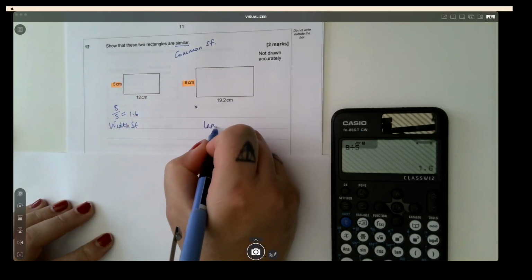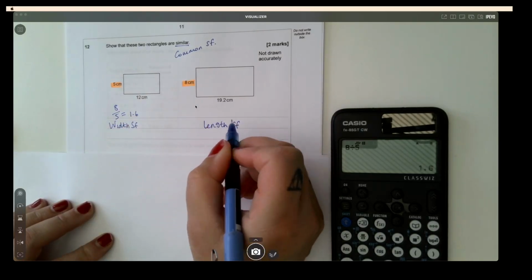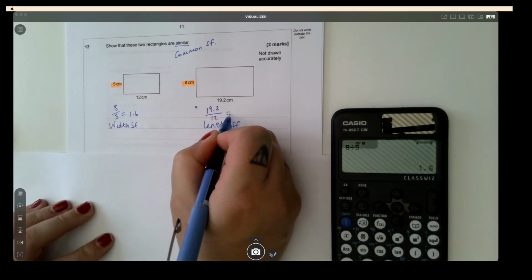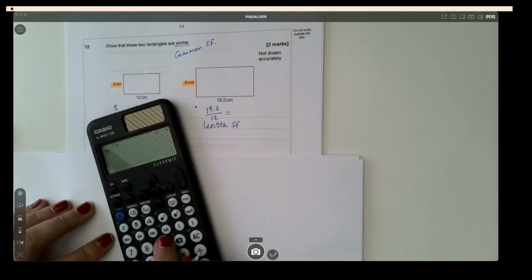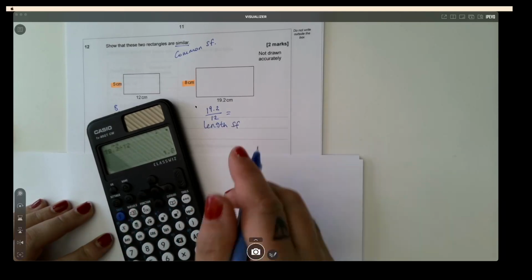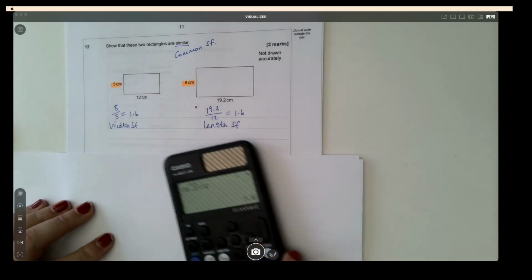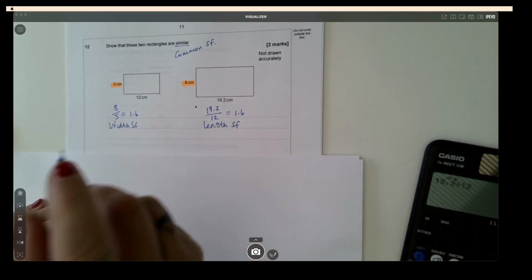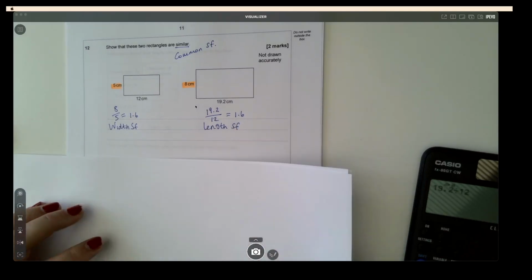So let's find the length scale factor. So we're doing 19.2 divided by 12. That's 1.6. So 1.6 and 1.6, they have the same scale factor, so they are similar.